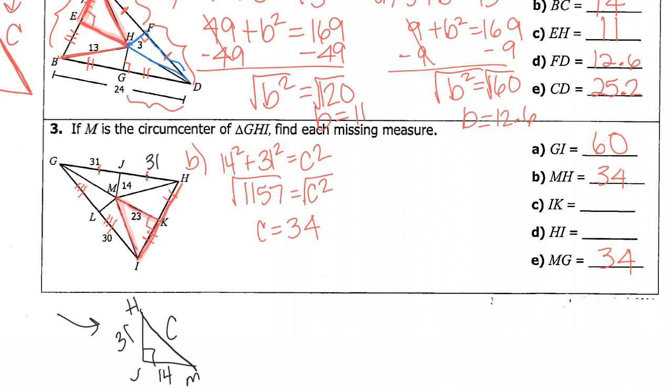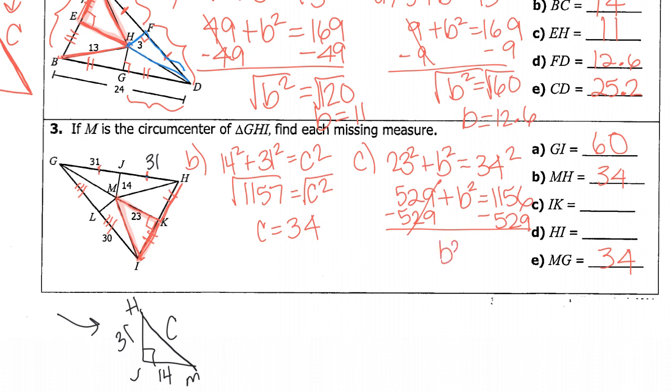I know that this length is 34, and I'm trying to find one of my other legs. I get b squared is 627, and so finally I take the square root of that, and I get x equals 25, or b equals 25. And the last thing it wants me to find is the length from I to H. So I know that half of it was 25, therefore double it, and you get 50.